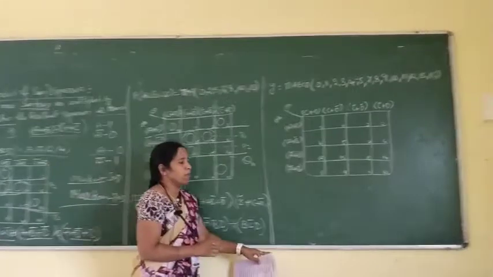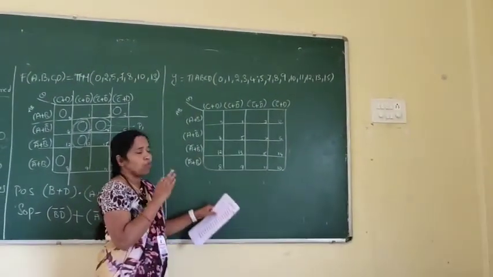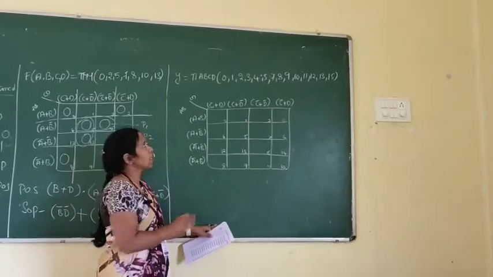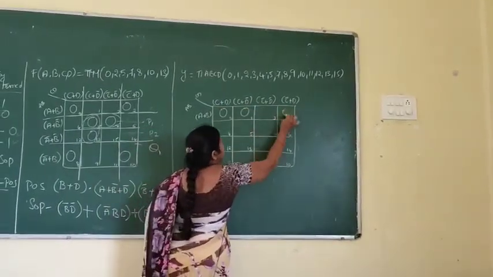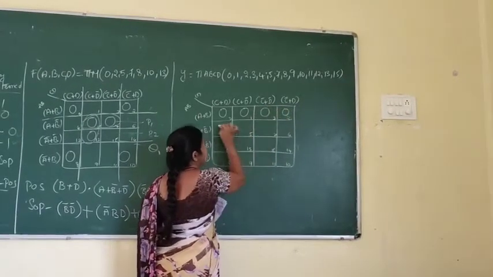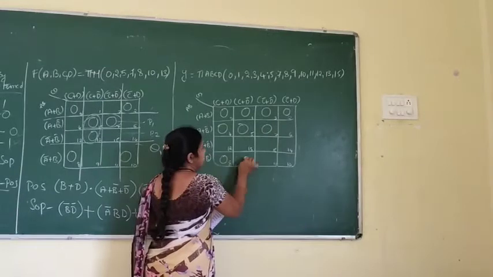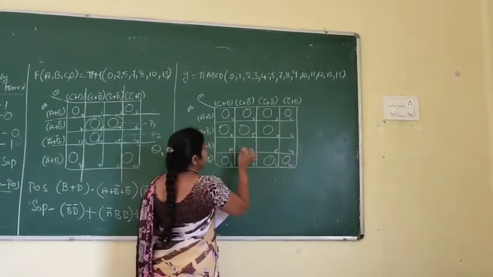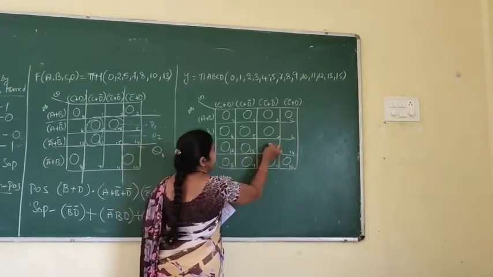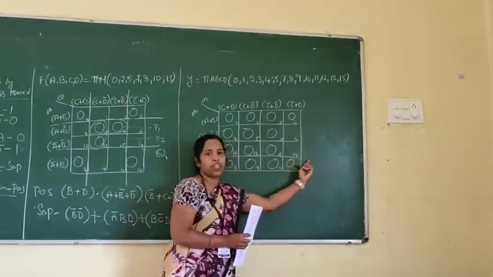So one more example I have taken, with the maximum number of max terms. First step, mapping of the max terms: 0, 1, 2, 3, 4, 5, 7, 8, 9, 10, 11, 12, 13, 15. Only 6 and 14 are left.